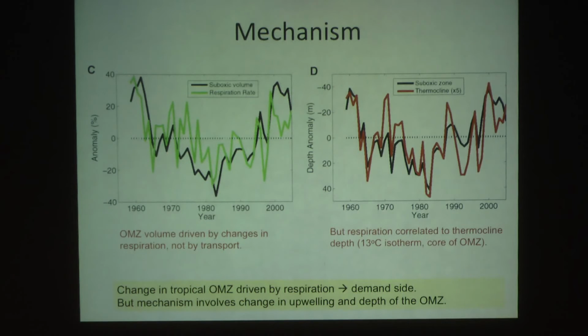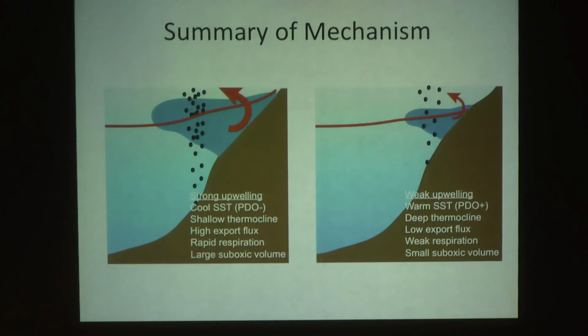Okay, so the mechanism in a nutshell is that something causes the thermocline to get shallow, and that's upwelling, to put a word on it, which drives more phytoplankton productivity, more export of organic matter, more respiration in the deep ocean, and the whole anoxic zone expands. Then when whatever happens to cause upwelling to reduce, the thermocline relaxes down, there's less nutrients coming up to the surface, the whole thing weakens again. Okay? And you can identify phases of the Pacific decadal oscillation that favor one pattern or the other, but I'm not going to get into that.